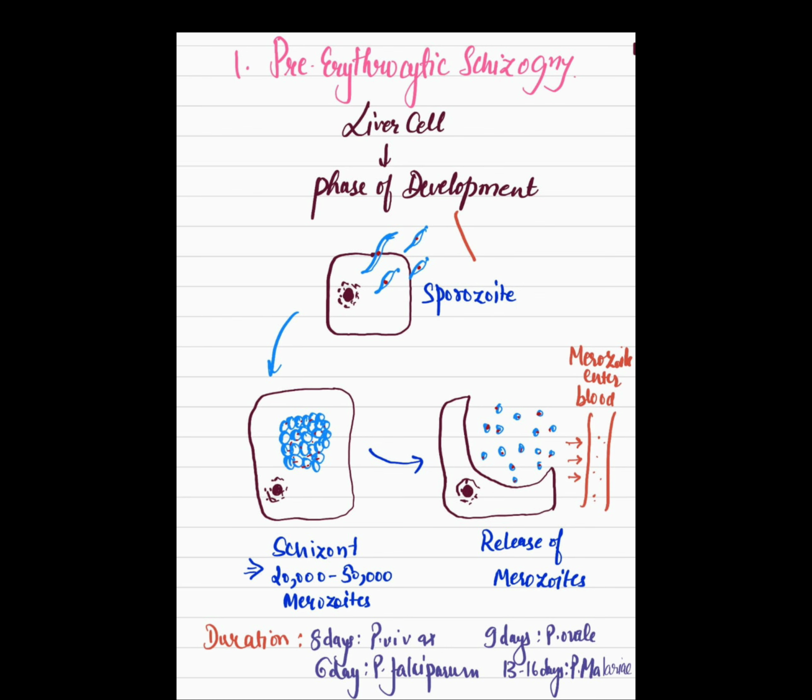So the phase of pre-erythrocytic schizogony, which occurs in the liver, differs for different species: 8 days for vivax, 6 days for falciparum, 9 days for ovale, and 13 to 16 days for malariae. After entering the circulation, these merozoites will attack the RBC.